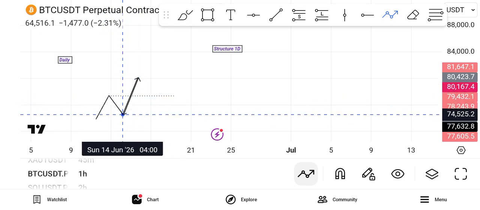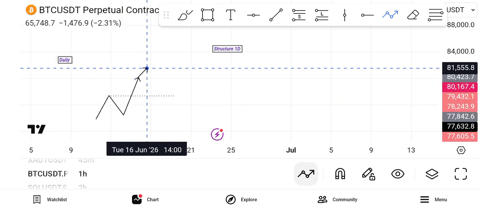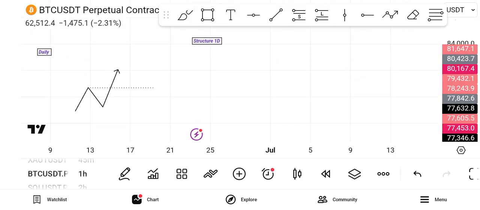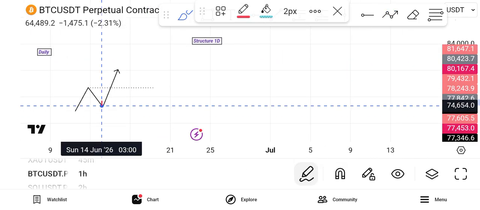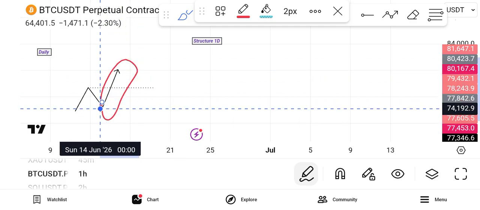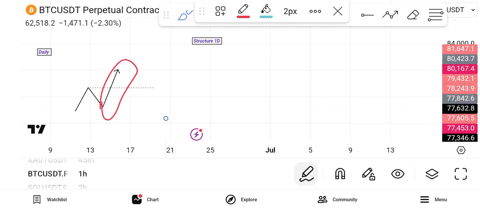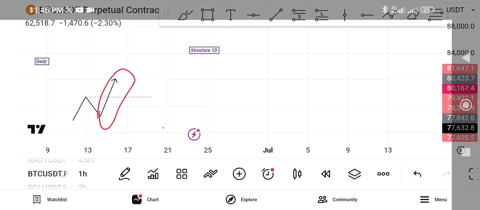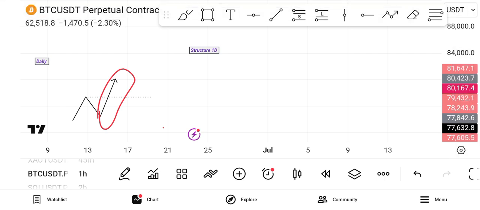When we have an expansion from this point to this point, if you go to the lower time frame, this leg that created that expansion, we're going to be working with basically two time frames here: the daily time frame and the 45-minute time frame, or any other lower time frame.